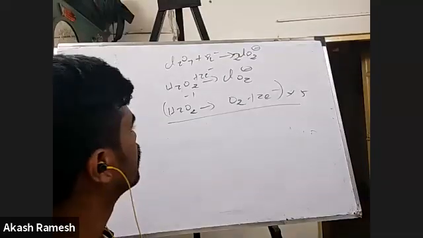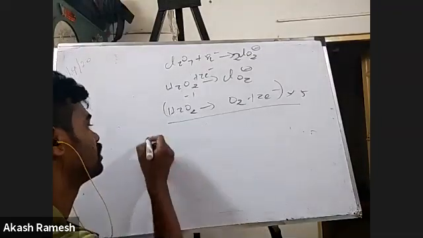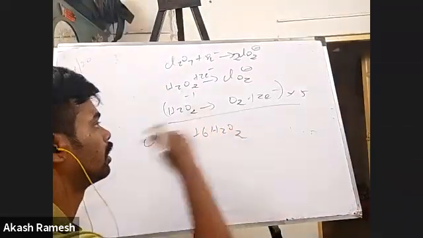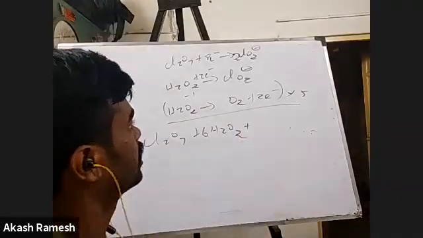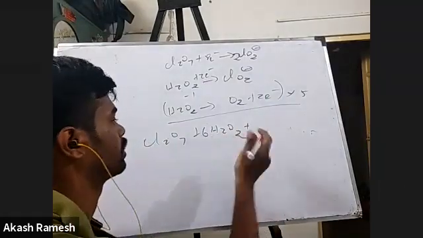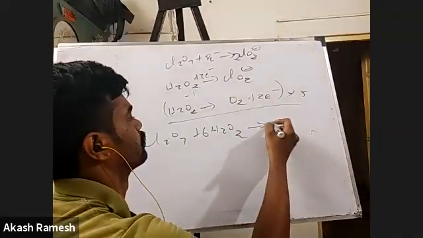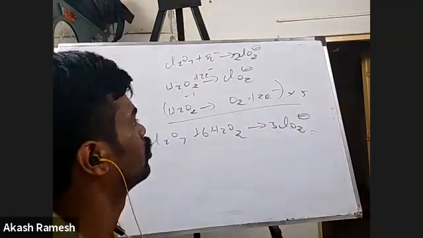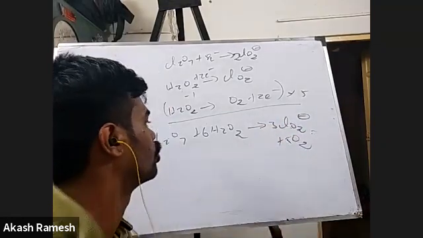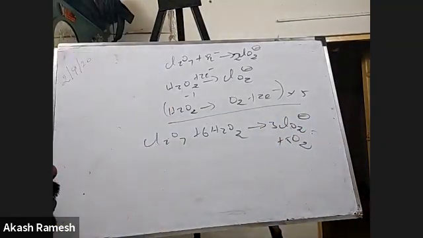Now if I add it, totally I have 1 Cl2O7 and 5 plus 1, 6 H2O2. In the product side, I have 2 plus 3, 3 ClO2 minus, and 5 O2. That's it.